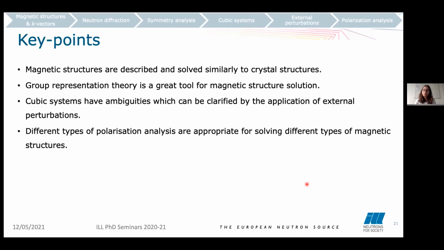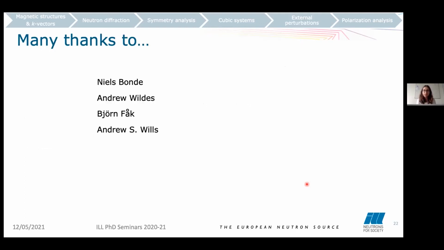But there are other systems where there might be multi-domain structures. For example, it's not just cubic systems. And then finally, we briefly looked at how the different types of polarization analysis may be appropriate for solving different types of magnetic structures.